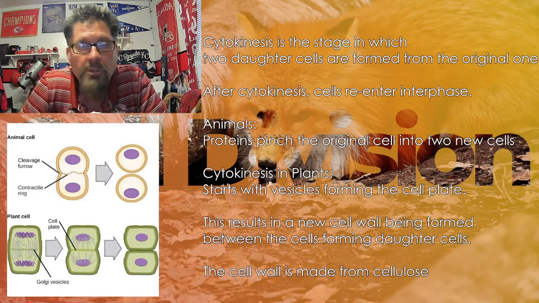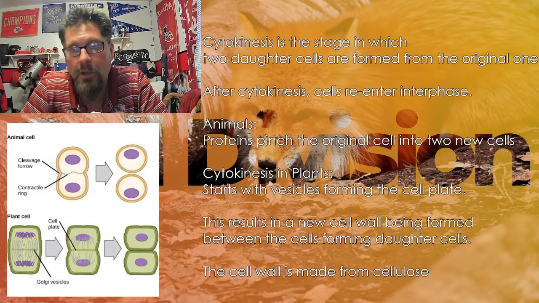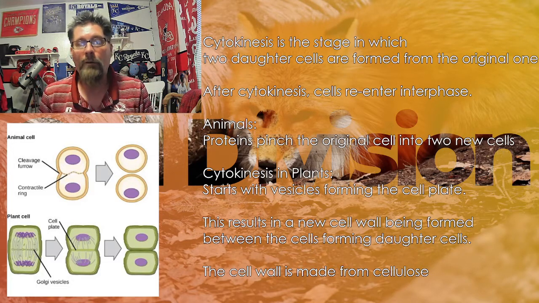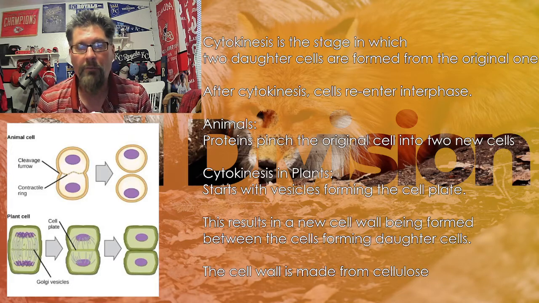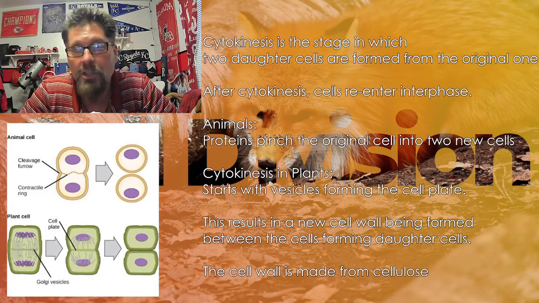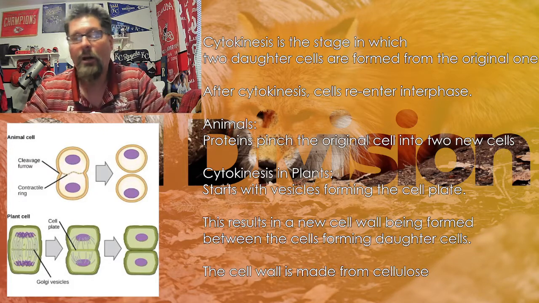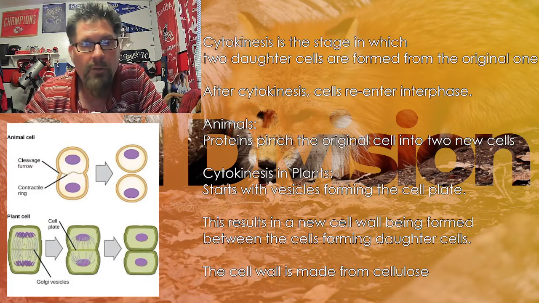Well, those Golgi vesicles kind of make this line, and they fuse together, working together, and that's what becomes the fourth member of the cell wall party for each of the two new cells. So for animal cells, it's a contractile ring if you're looking at a multiple choice question, and for the plant cell, it's the Golgi vesicles that form the fourth part of the cell wall.